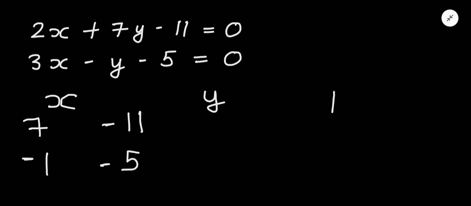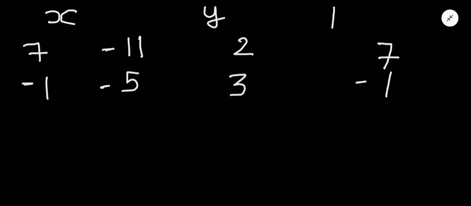Similarly for y, we will ignore this thing and we will remain with 2 and 3. For the last one, we will ignore this part, so 2, 3 we already have, and we are left with 7 and minus 1. So we will cross multiply.